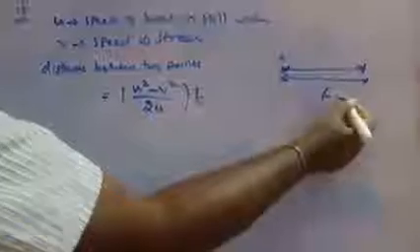Then what about u and what about v? That is explained, and t is also known. t is the time for a boat to reach a point in still water and come back to the same point, from this point to here and from here back to here. If you know these 3 factors u, v, t, it is easy to find the distance between the initial position and the final position after returning to the same state.